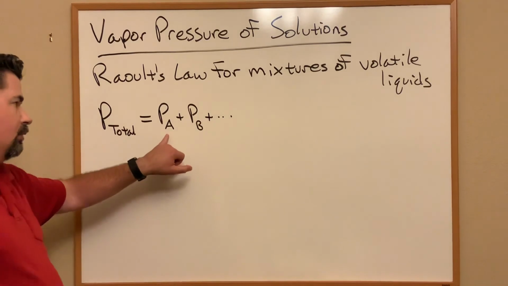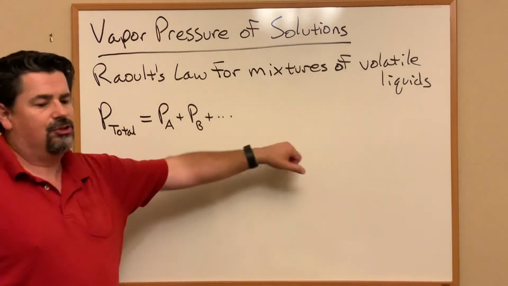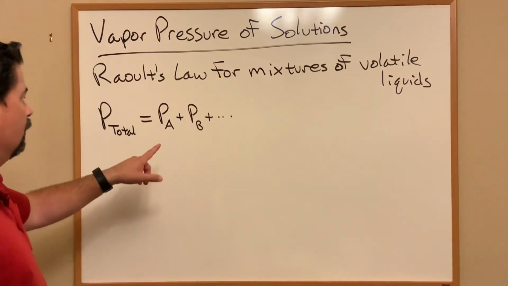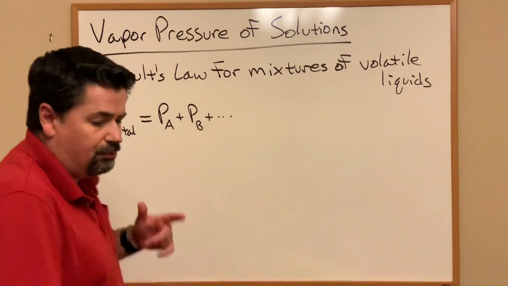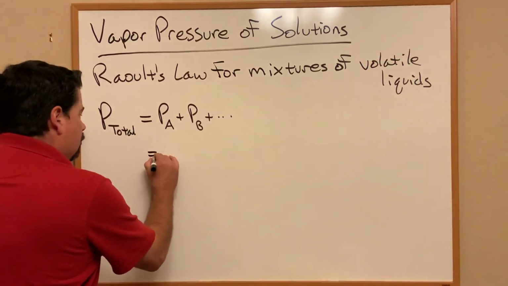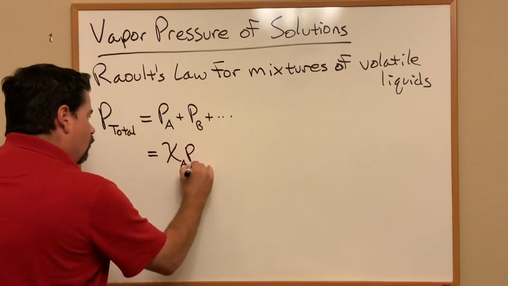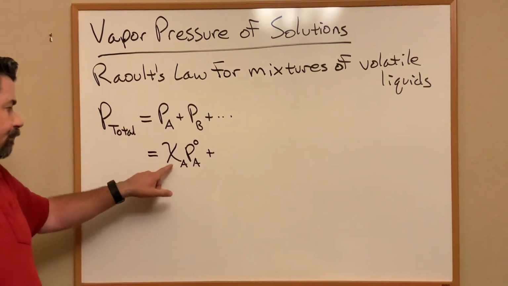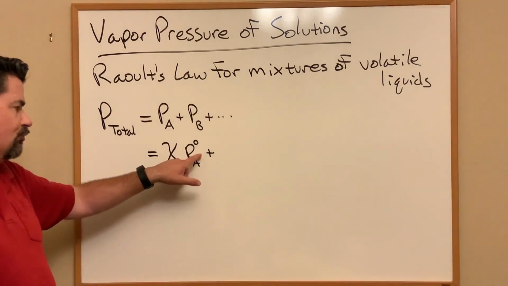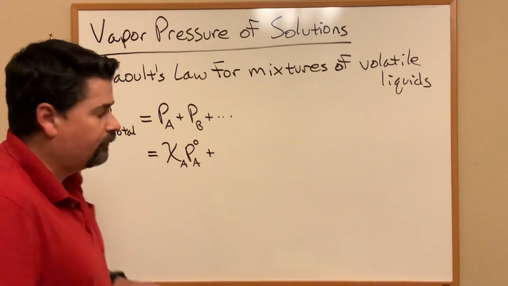So, we've got component A and liquid A, liquid B, maybe liquid C, D, E, etc. And the pressures for each component, the partial pressures for each component, of course, are equal to the mole fractions of that component times the vapor pressure of that pure component.